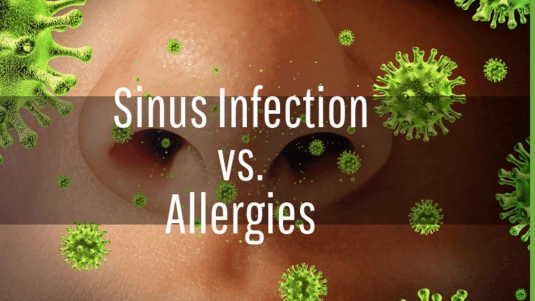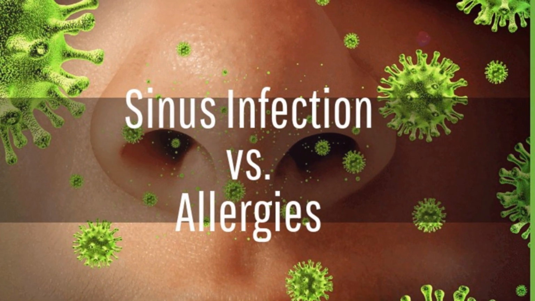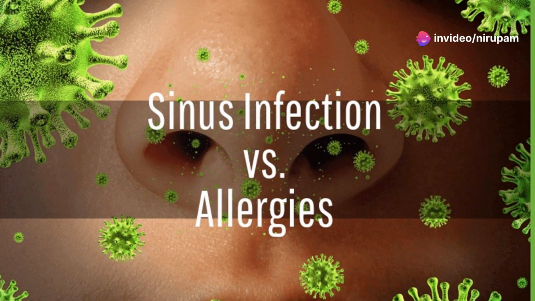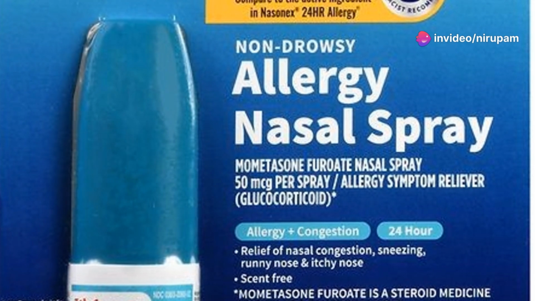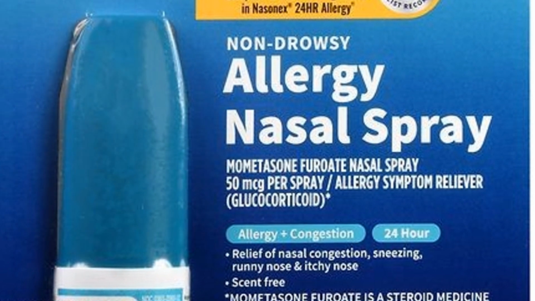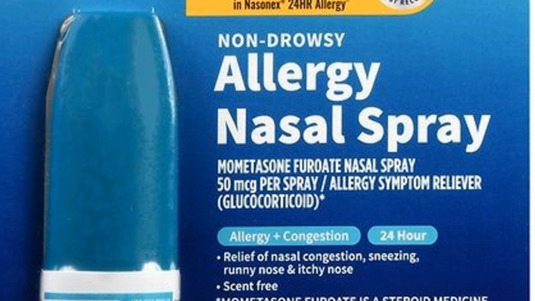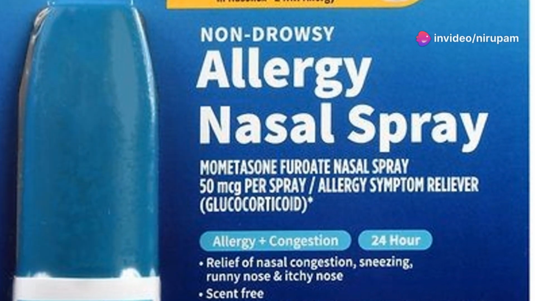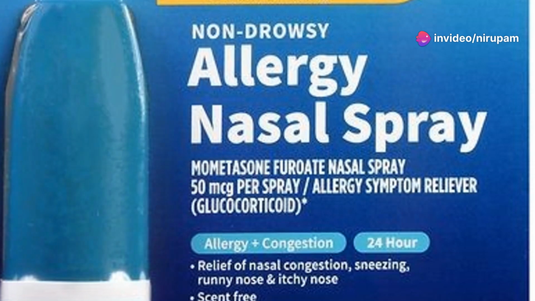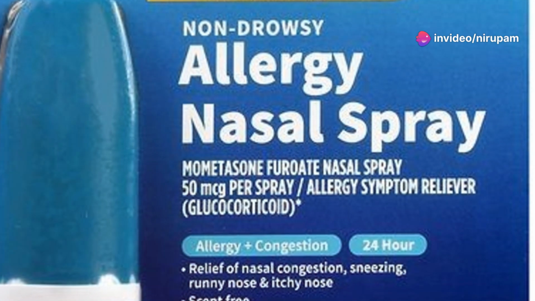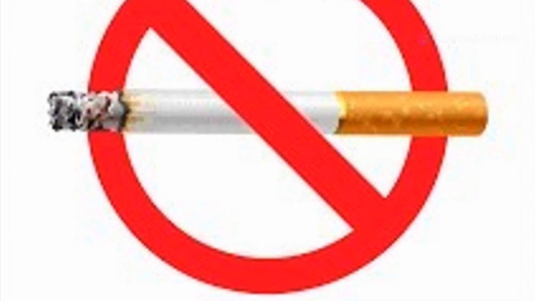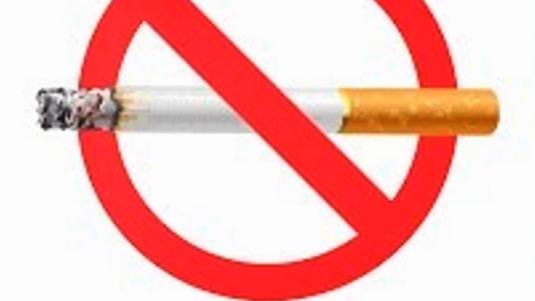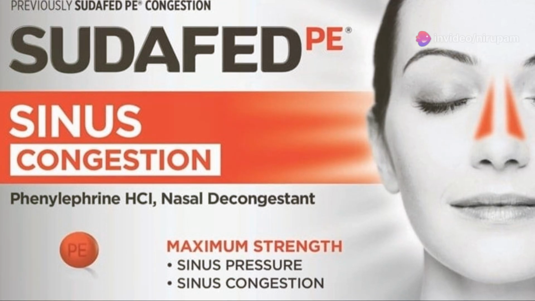This includes medications, allergy shots, and avoiding your known allergy triggers, like dust, pollen, or smoke. Using steroid nasal sprays if your provider recommends them. Establishing good hand washing and other habits that reduce your risk of getting sick with infectious diseases. Avoiding smoke.